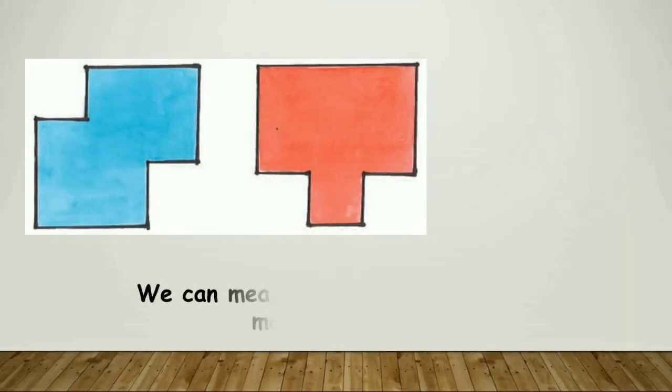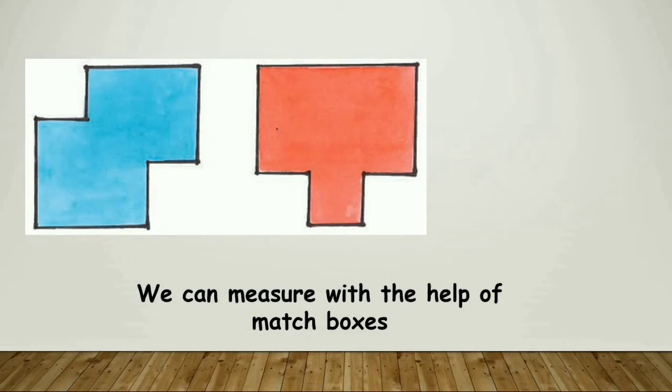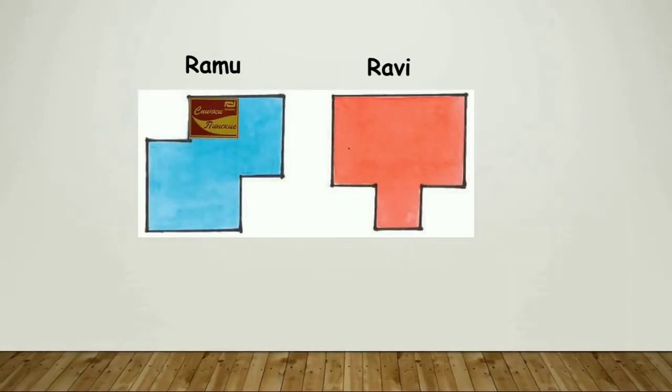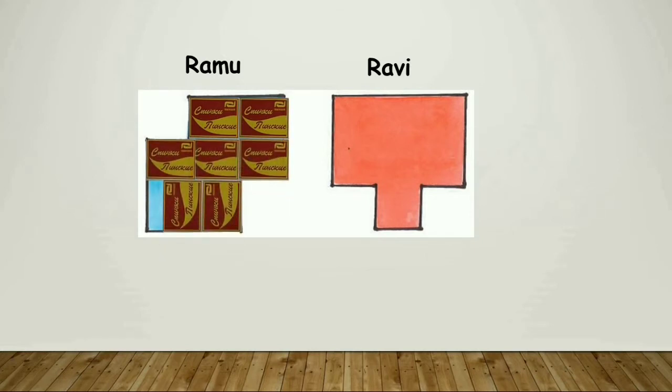Let us break it down. We can measure with the help of matchboxes. And this is the matchbox. So arrange as many matchboxes as possible, spread on the sheet like this, and the same is done with Ravi's sheet also.